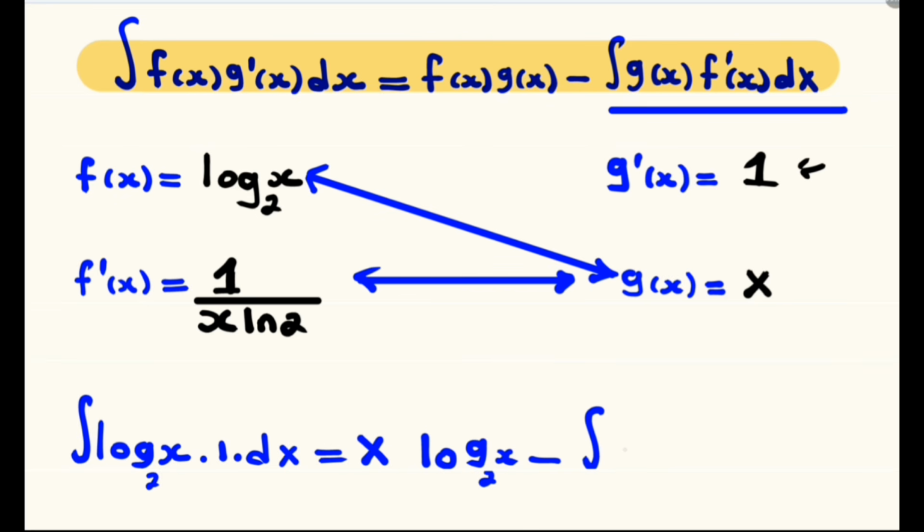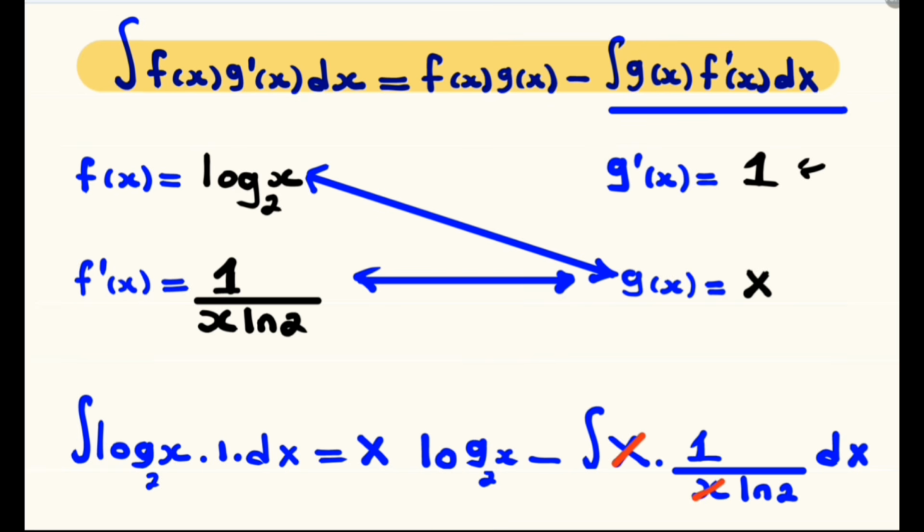Our g of x is equal to x, multiplied by f prime of x, which is equal to 1 divided by x multiplied by ln of 2, dx.